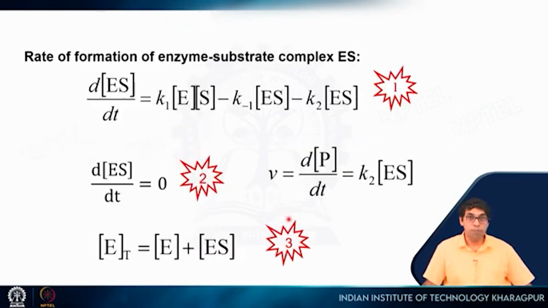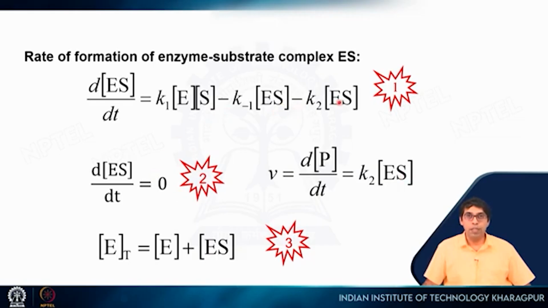This dES/dt is 0 under this steady state condition. What we want to do is find the velocity, which is dP/dt, and that equals K2 times ES. So we want to solve for ES from this equation.